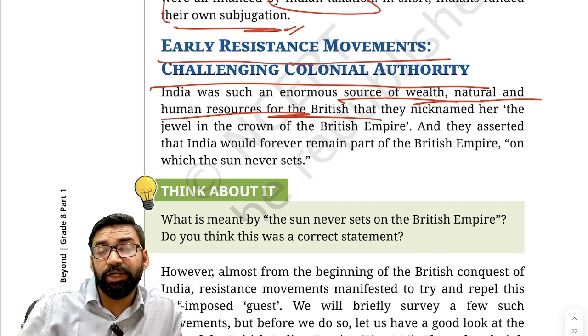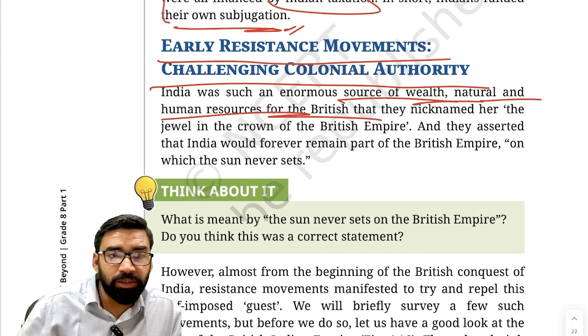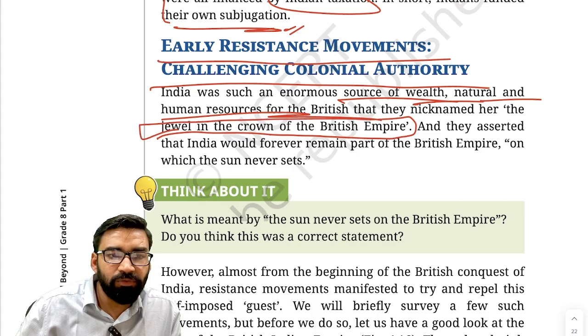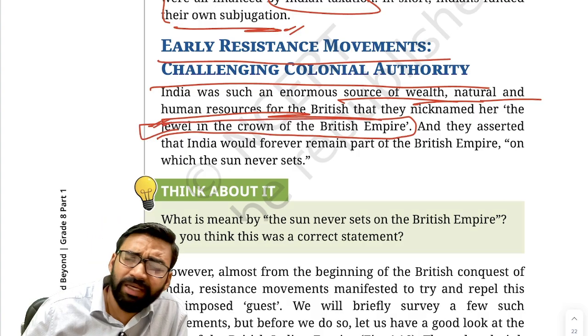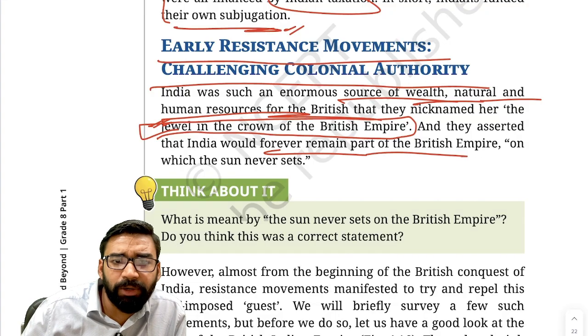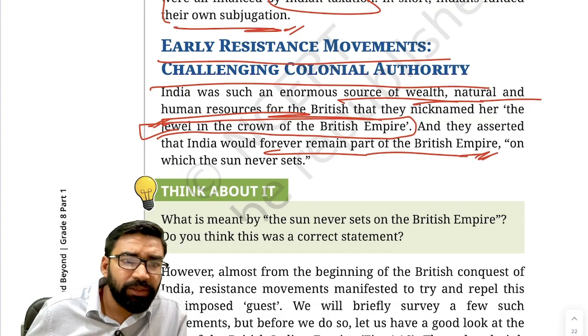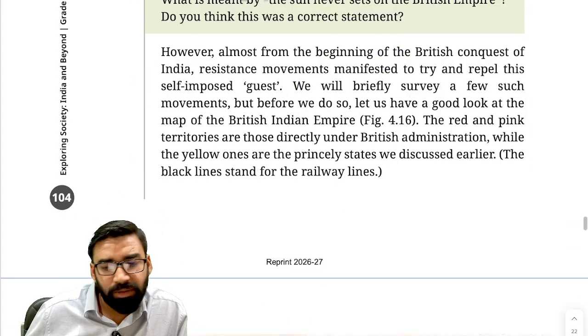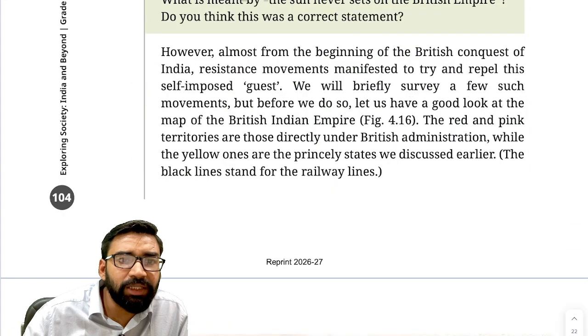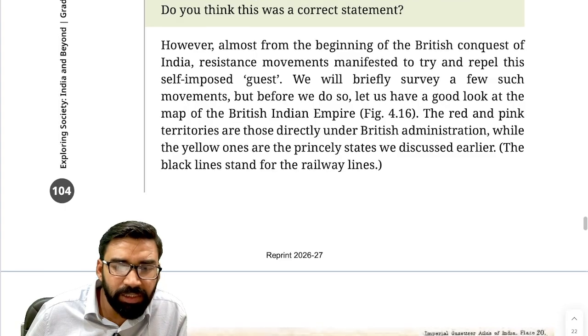That is why Britishers used to nickname her the jewel in the crown of the British Empire. They asserted that India would forever remain part of the British Empire, on which the sun never sets.